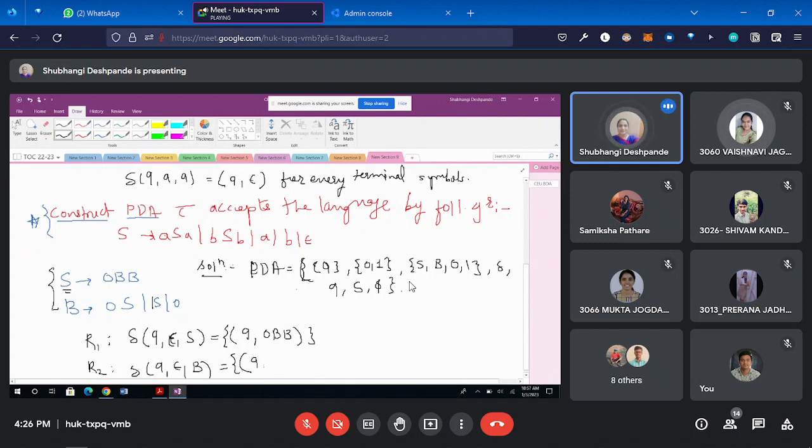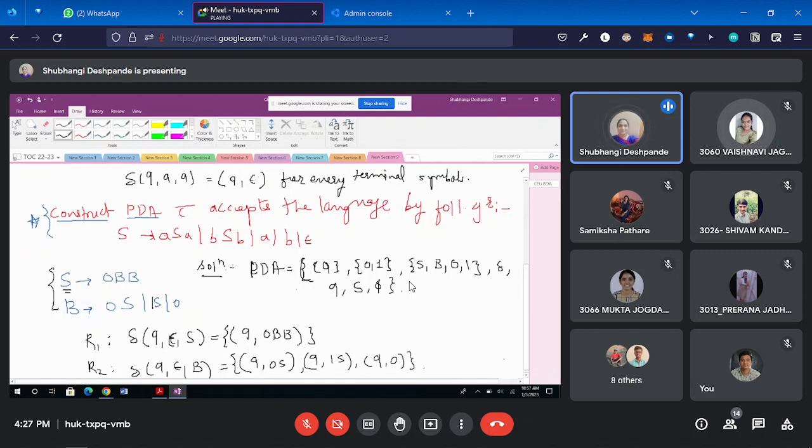So here Q 0S, Q 1S, and next is Q comma 0.